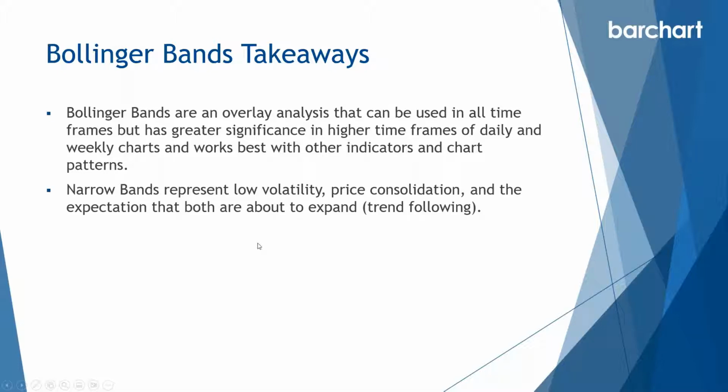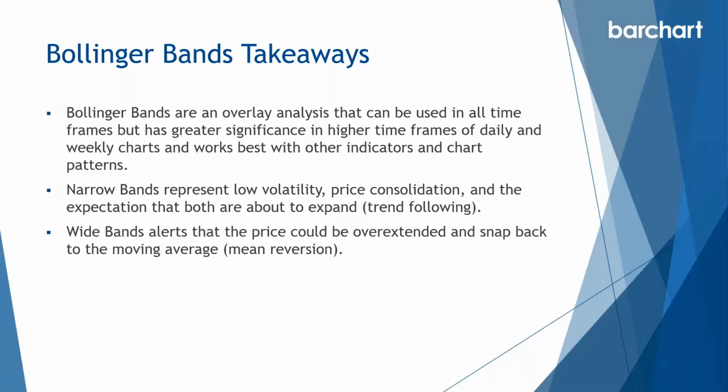Narrow bands represent low volatility and price consolidation, and that is an expectation that price and volatility are about to expand. So with low volatility and narrow bands, we're going to start looking for trades that use some type of trend following strategy.